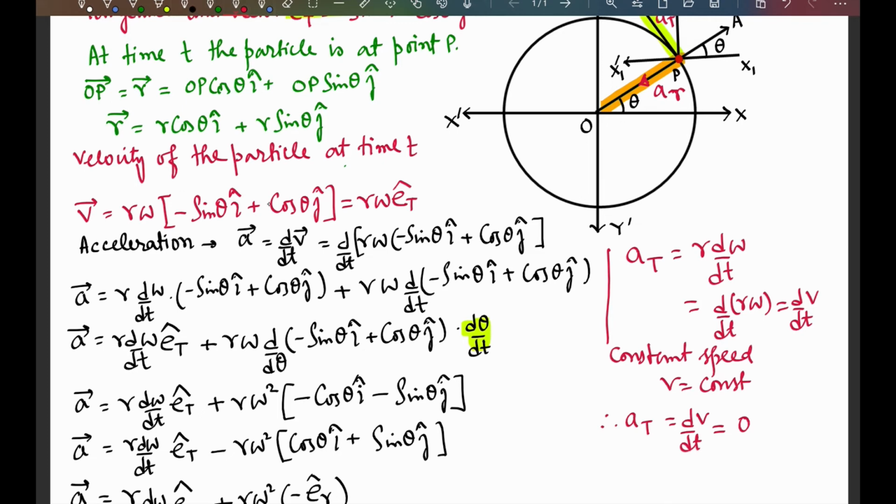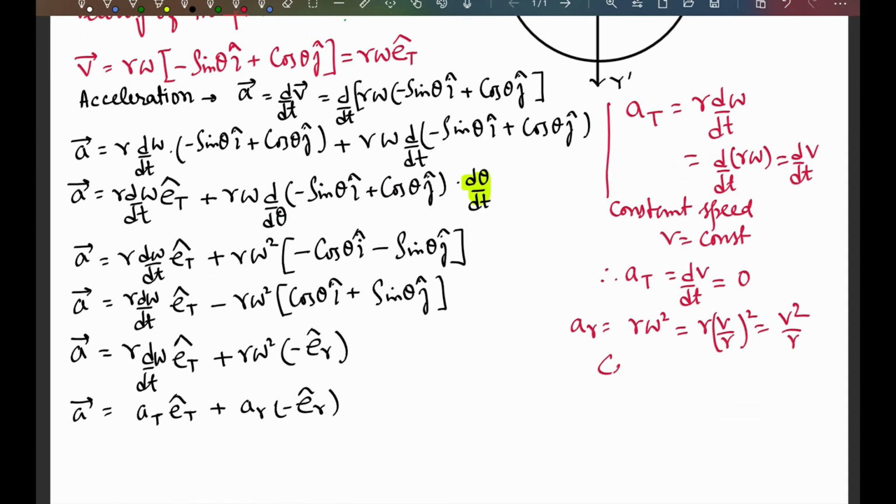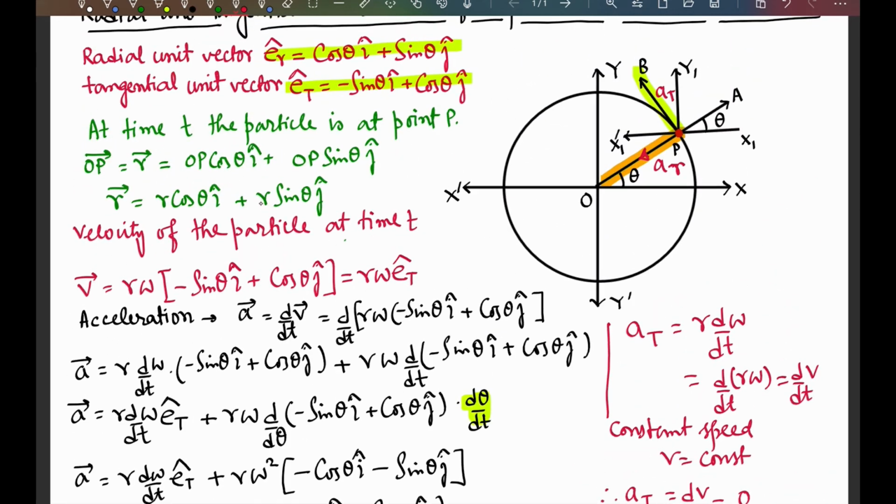Only the radial component of acceleration is acting here. That a_r is R omega square, or we can write it as R times (V by R) square. So this is V square by R. This acceleration is known as centripetal acceleration. And from the diagram, we can say that there are two components.